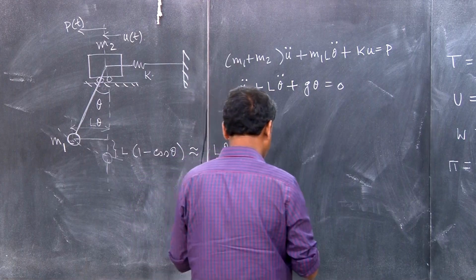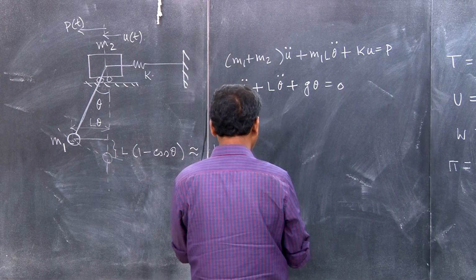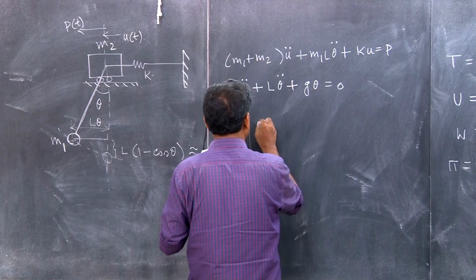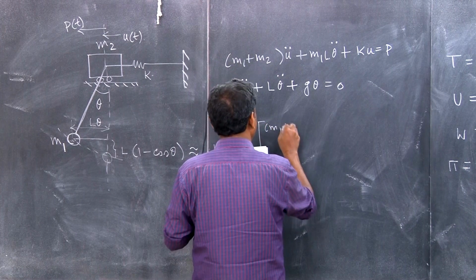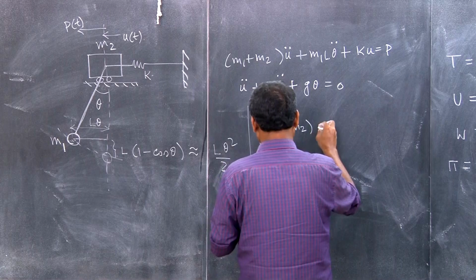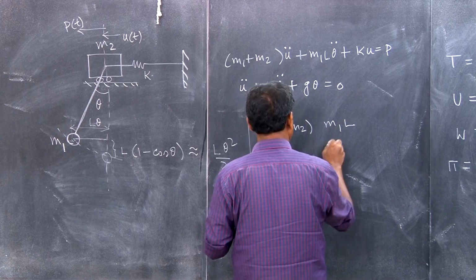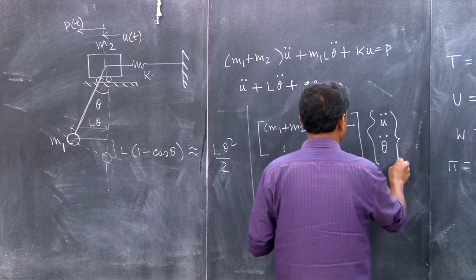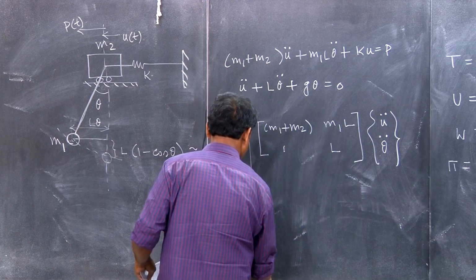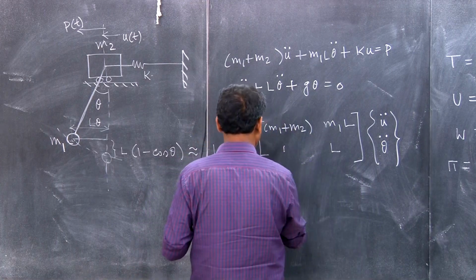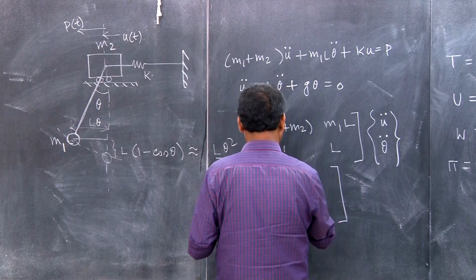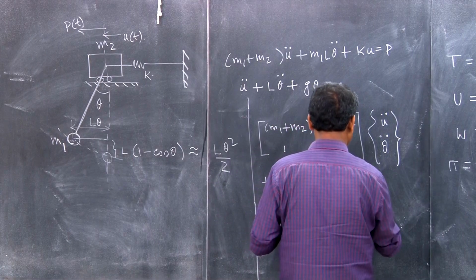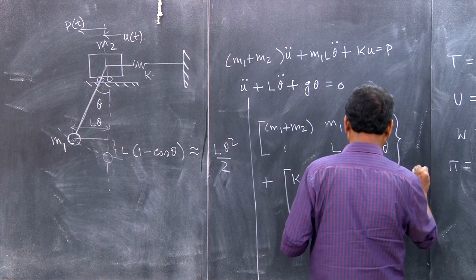If you write these two equations in matrix form, essentially what you will get is the matrix [m1 plus m2, m1 L; 1, L] times [u double dot, theta double dot] plus [K, 0; 0, g] times [u, theta] is equal to [P, 0], right?